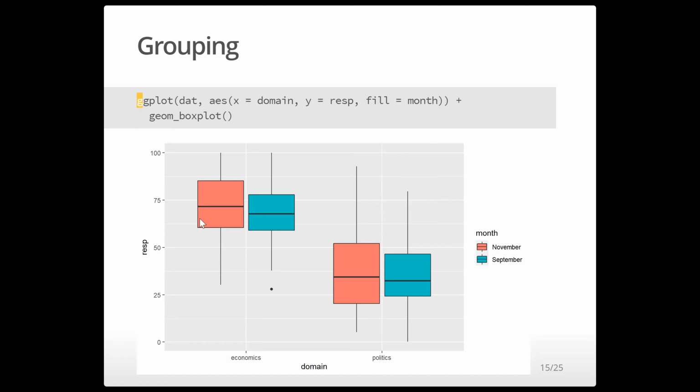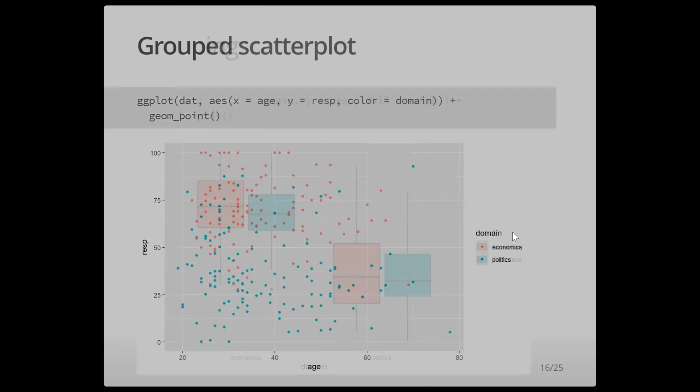It's just that instead of one box for each domain, we get two, which are shown in the legend here, one for each month. And once again, the only difference here is I added this fill equals month. Fill represents the fill color. So the red plots here are for the long-term questions, and the blue ones are for short term. So we just get this nice factorial plot with two boxes for each domain representing the 2 months.